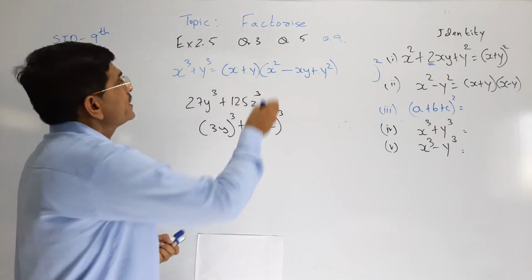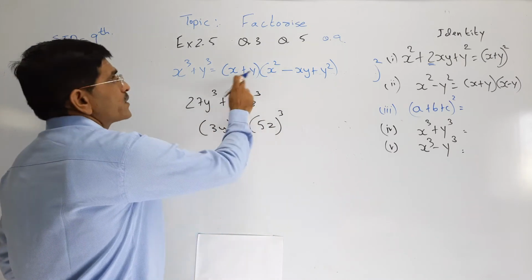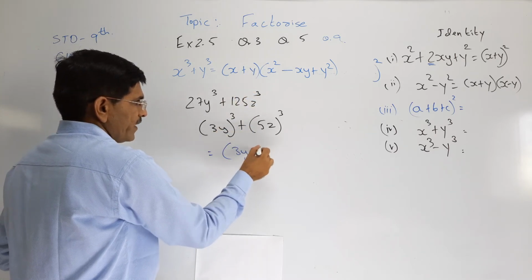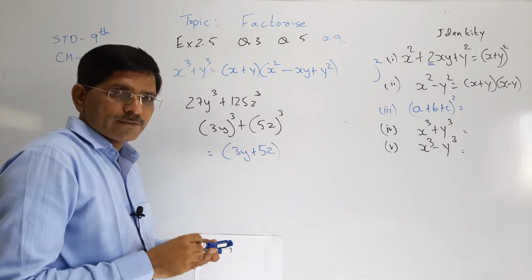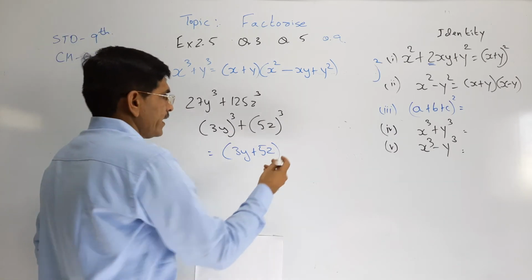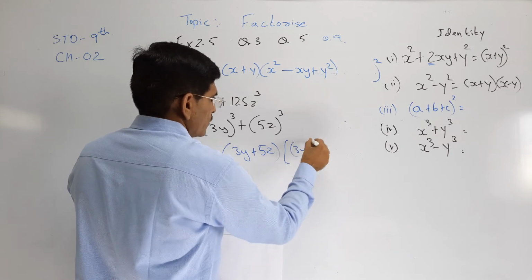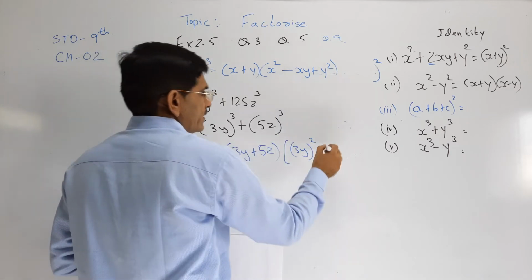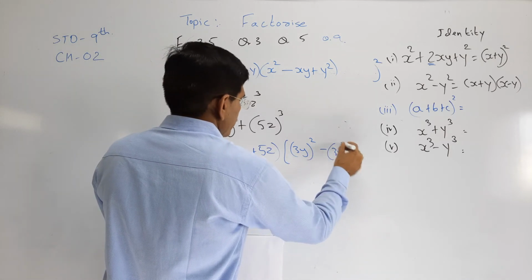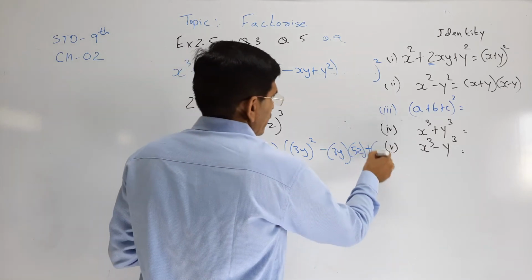Now by using this I have to expand it, x plus y, so 3y plus 5z, that is the first bracket. In the second bracket x square is there, so I have to write 3y whole square, plus sign becomes minus, x into y, so 3y into 5z, plus 5z square.